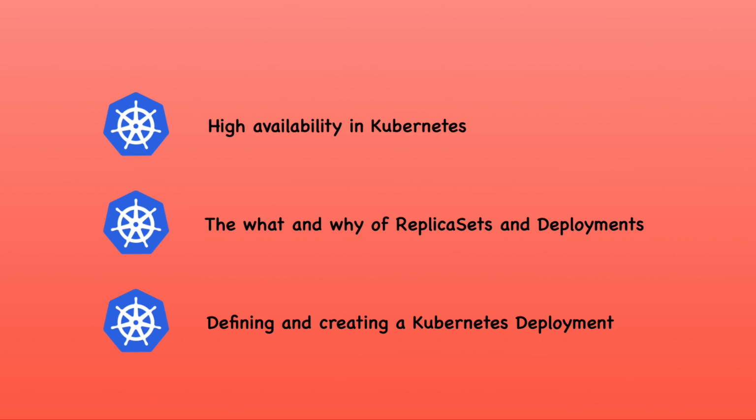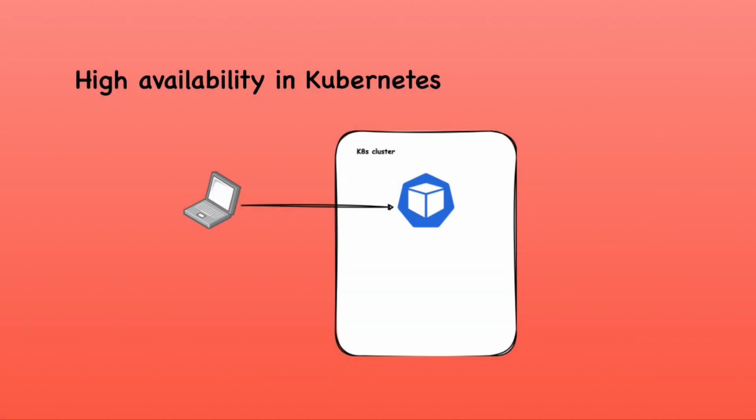So let's get started. As we discussed in an earlier episode of this series, a Kubernetes pod is a fundamental element of compute resource in Kubernetes. So it is the smallest compute resource you can spin up. And again, its job is to run a container.